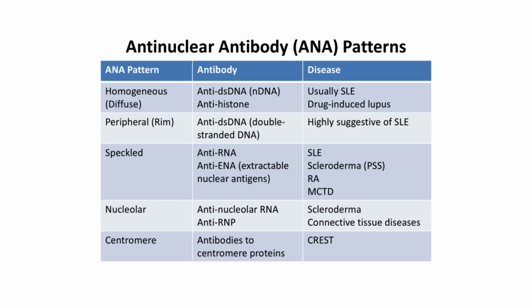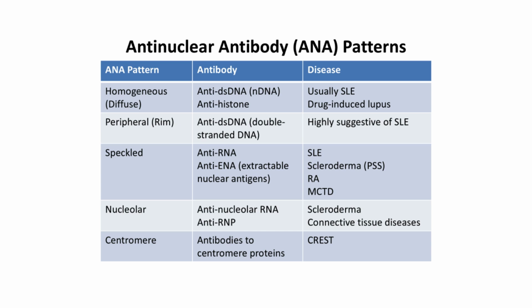Speckled pattern. This is associated with antibodies against RNA and extractable nuclear antigens, or ENA. Clinically, it can be seen in SLE, scleroderma, rheumatoid arthritis, and mixed connective tissue disease. Nucleolar pattern. This corresponds to antibodies against nucleolar RNA and against RNP.